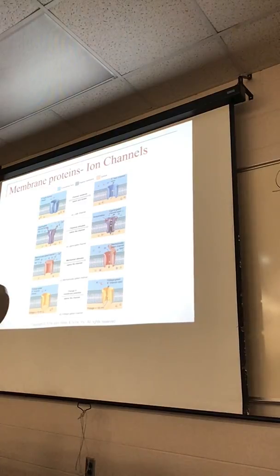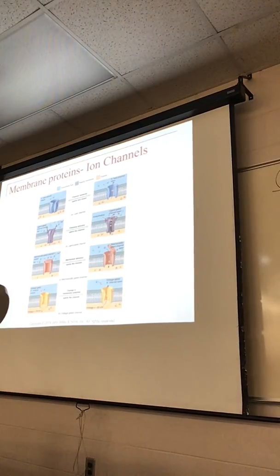It's just going to be kind of a slow trickle, the most annoying type of leak. Drip, drip, drip, drip. So it slowly lets things in and out. So that's what a leak channel is. And if you notice here, it's showing it randomly opens and closes. There's not really any particular stimulus that causes it to open and close. It's just leaky. It's random. Lots of cell membranes have leak channels on them.